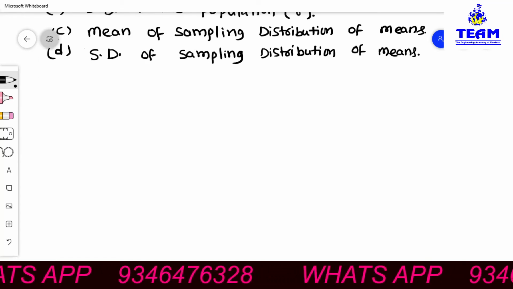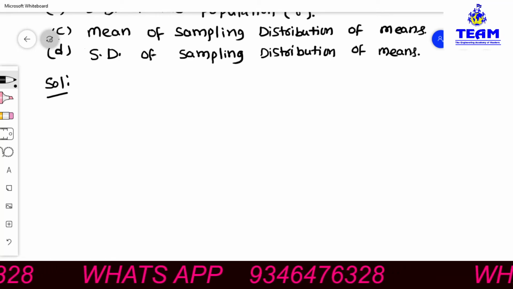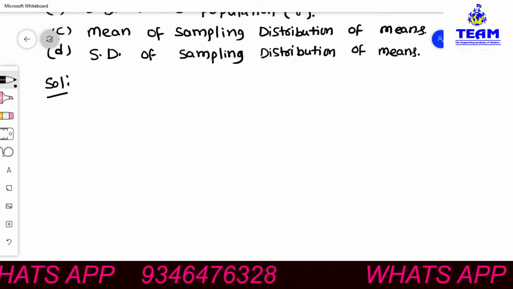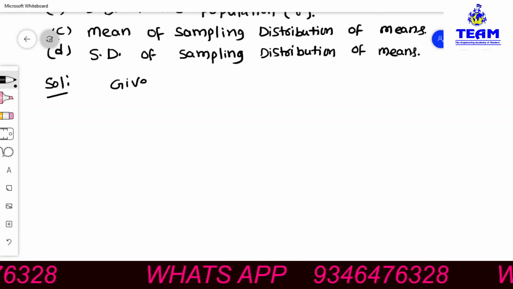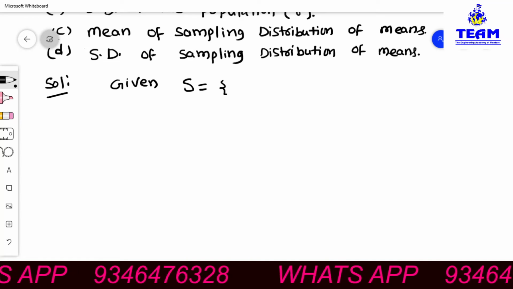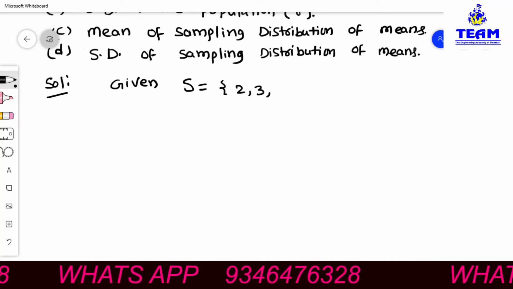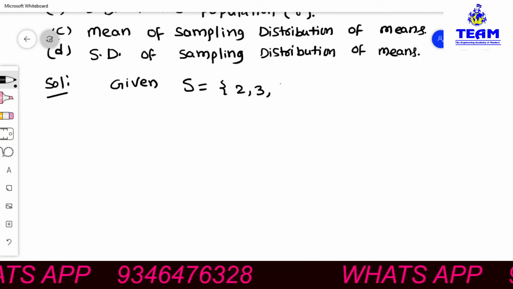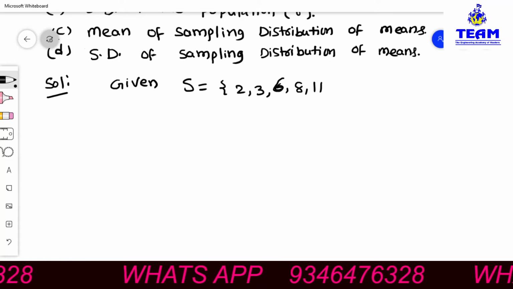Now the solution can be taken as follows. Given population S equals 2, 3, 6, 8 and 11.